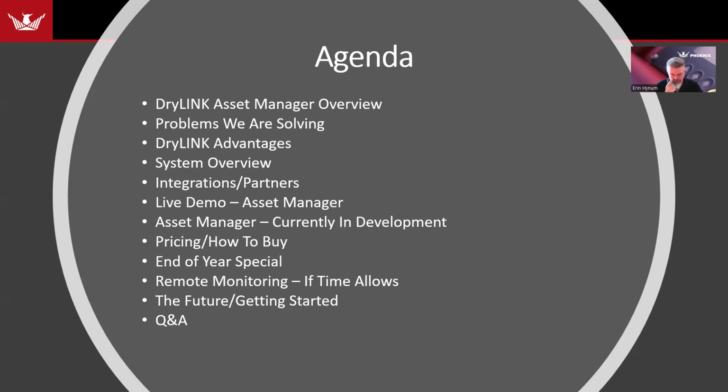Then we'll do a kind of system overview to try and explain how this asset manager system works. I'm going to talk to you about the integrations that we have and the partnerships that we have with DryLink Asset Manager. And then I'm going to do a live demo, and I want you to be able to see the system, and I want to walk through what it can do so you can see it live.